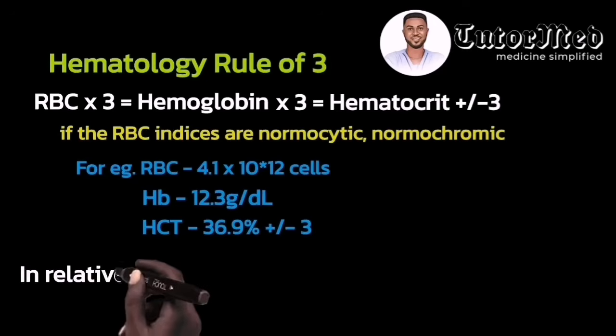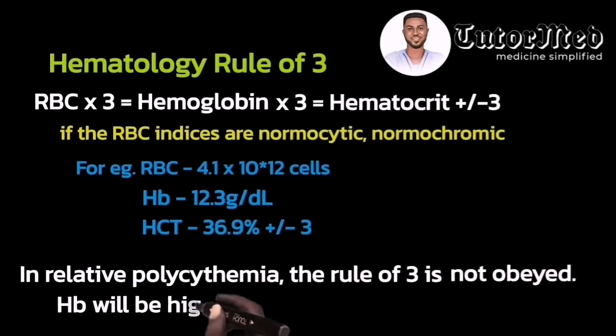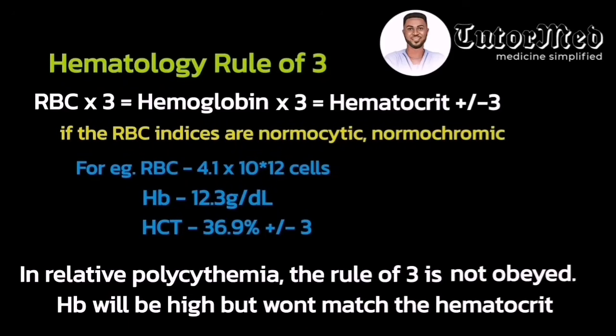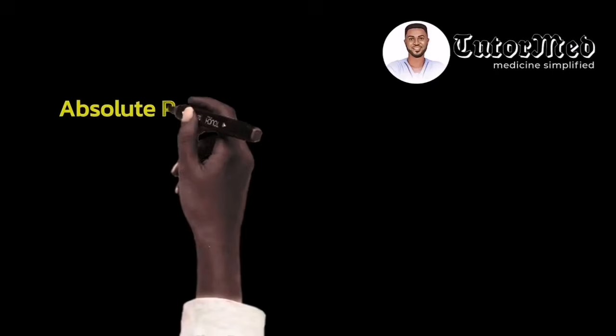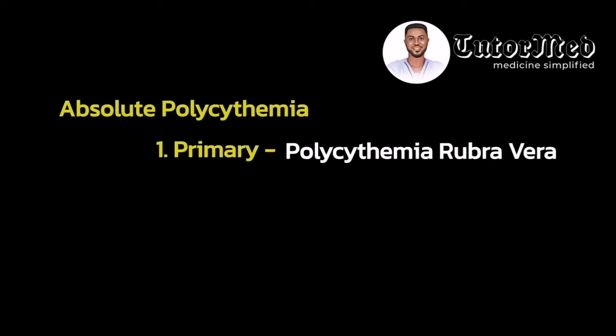And so in relative polycythemia, the rule of threes is not obeyed. You would have a high HB, but when you multiply by 3, it won't match the hematocrit. However, it is worth pointing out that a hematocrit more than 60% is almost always indicative of absolute polycythemia. Absolute polycythemia can be grouped into primary and secondary absolute polycythemia. For the primary one, polycythemia rubra vera is the most frequent cause.